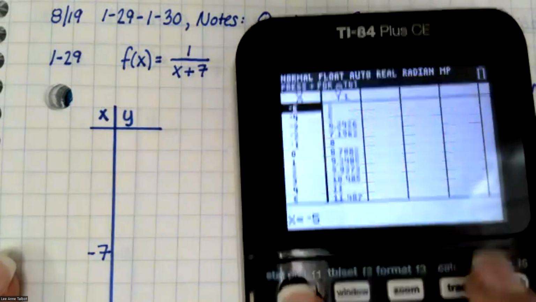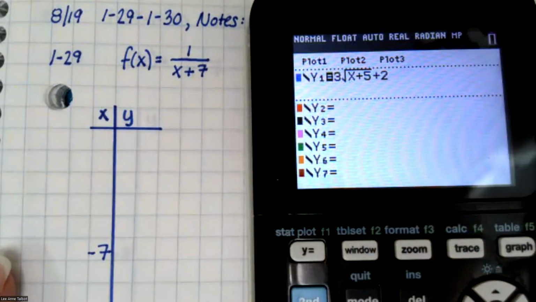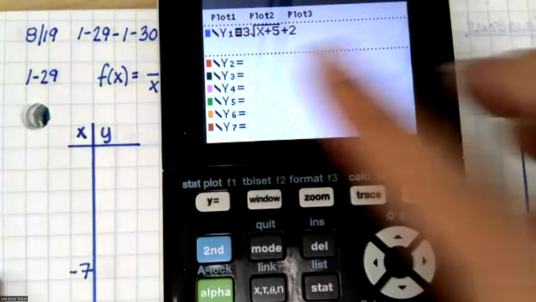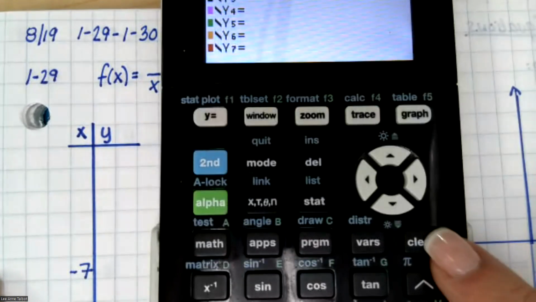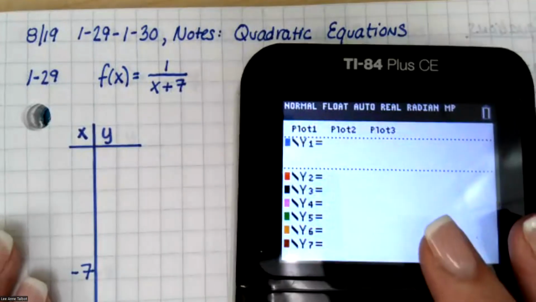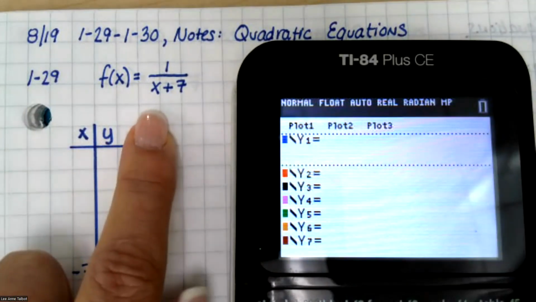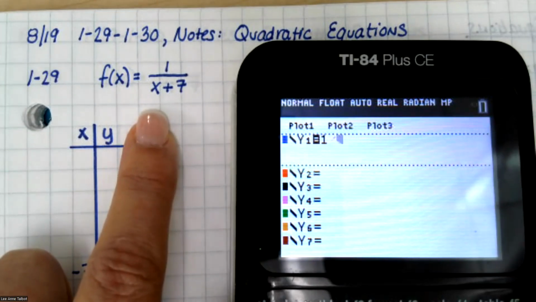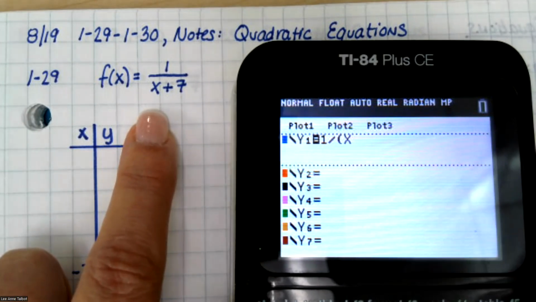Okay, so this is what I want you guys to do. Hit this y equals button. If there's anything in there, hit the clear button. The clear button is underneath here. So clear this. It should look just like that. And then we're going to type 1 divided by, and then this is very, very specific, parenthesis, x plus 7, parenthesis.